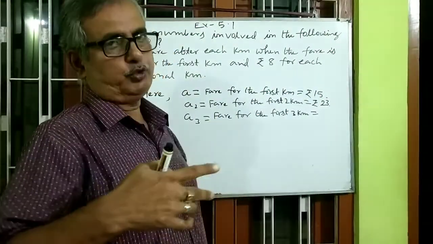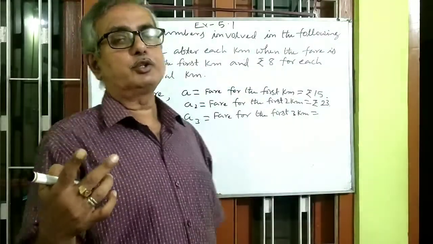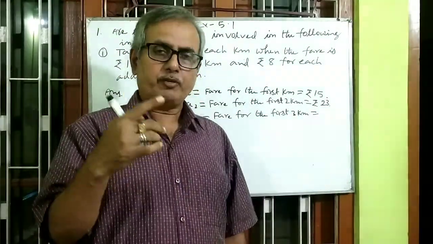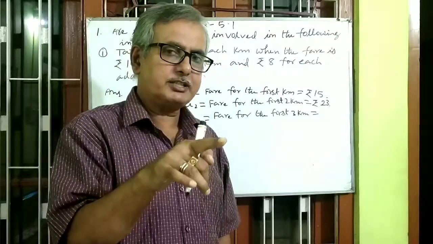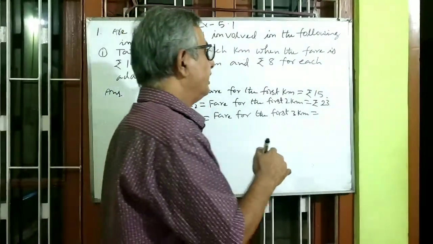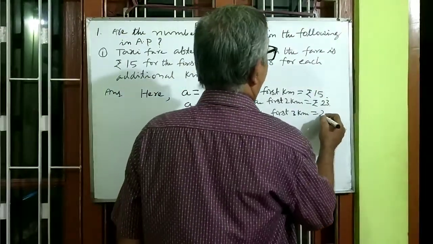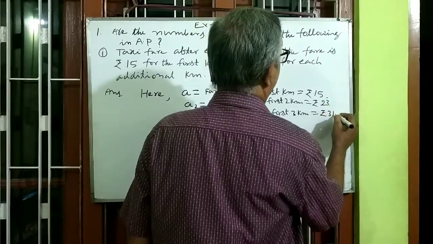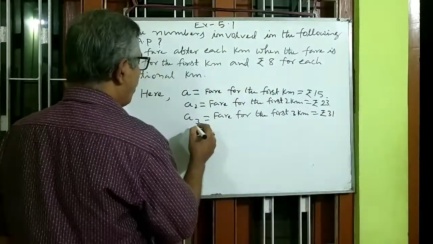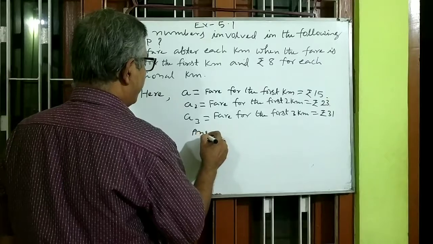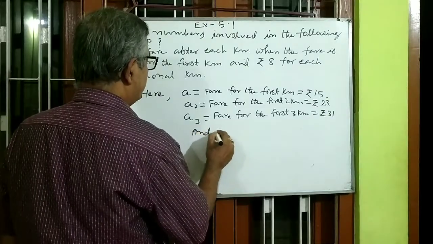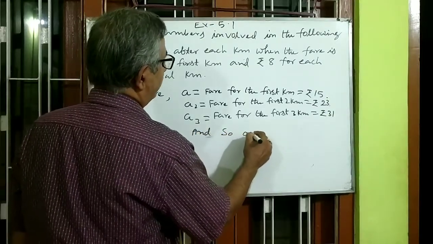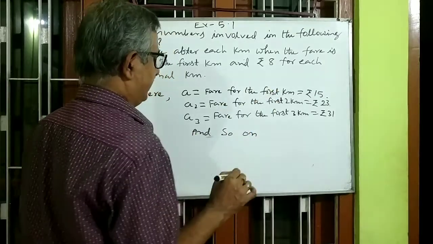After that 2 more kilometers, so 8 plus 8, 16. Altogether 16 plus 15, you get rupees 31, and so on. It will go on like that.